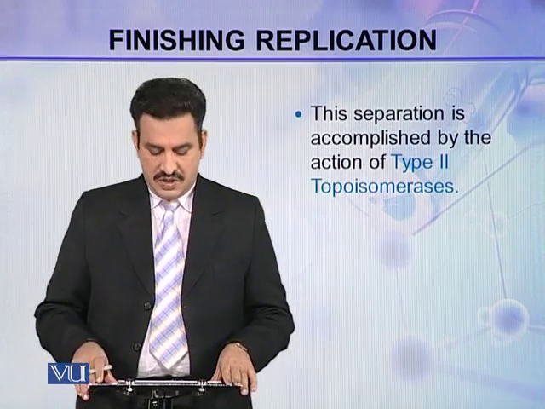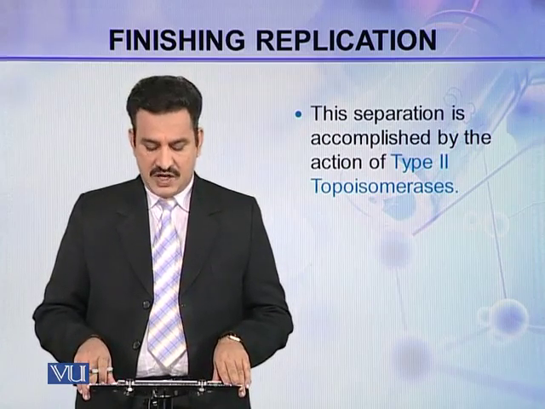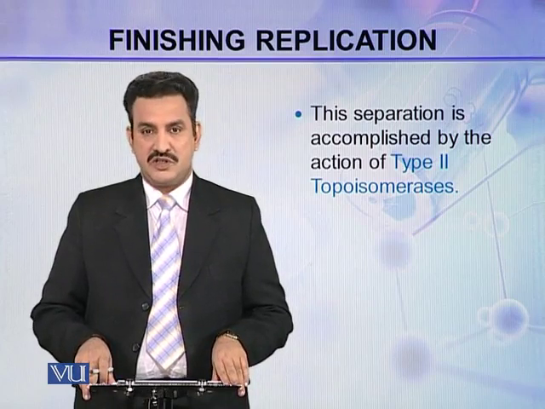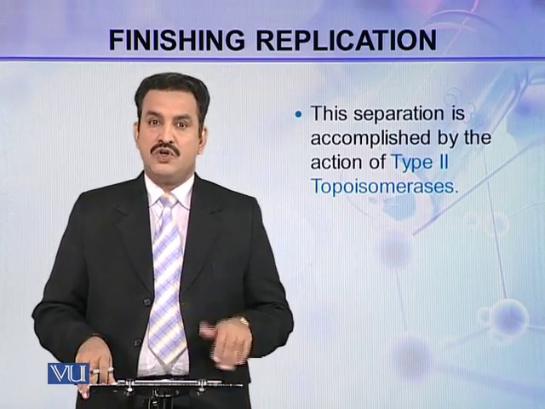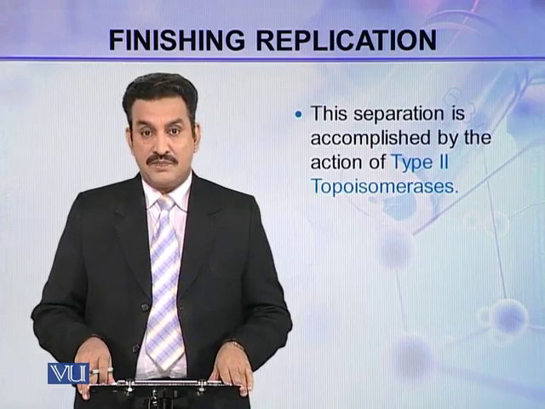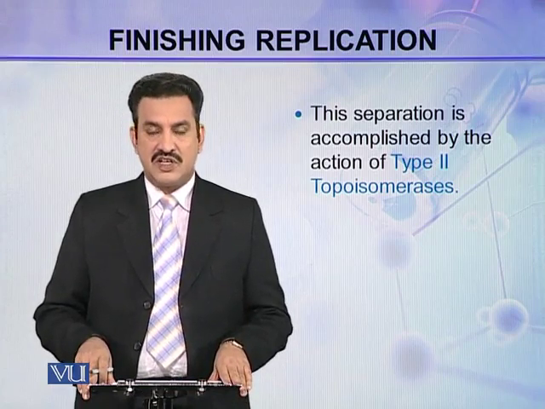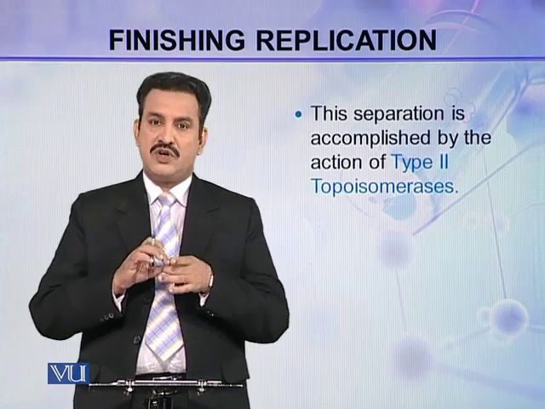This separation, this decatenation, is accomplished by the action of type II topoisomerases. So these are different from topoisomerases which you have seen. So the action of type II topoisomerases results in the decatenation of circular chromosomes.